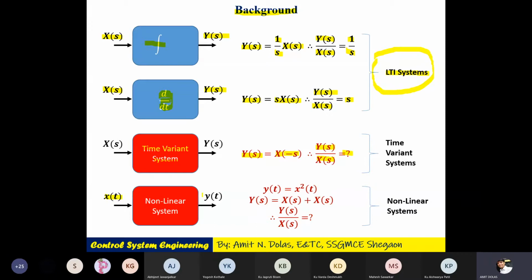Again, related to non-linearity, if your y of t is say x square of t, then you cannot define y of s upon x of s. So this is a kind of non-linear and time variant system. For these two kinds of systems, we will be using the state variable method.